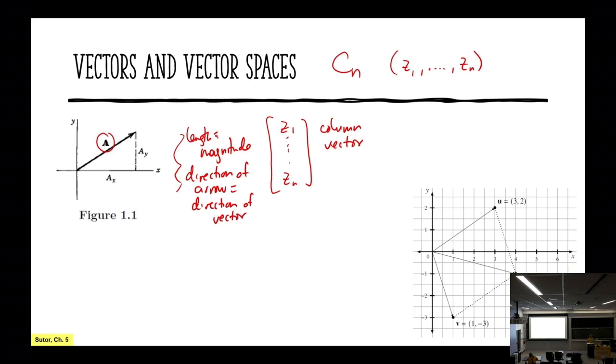So we always have these two distinct methods of working with vectors. We can use a geometric description, so arrows, or we can use a set of numbers, components relative to some coordinate system.